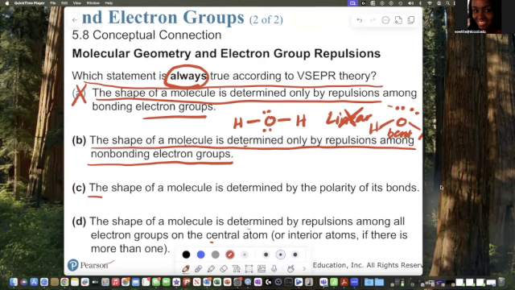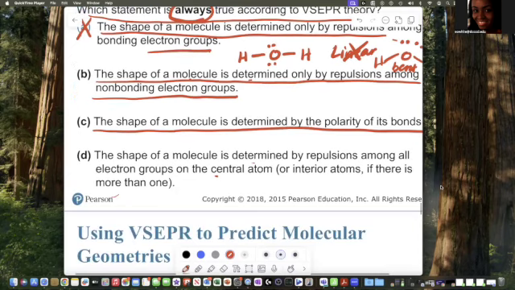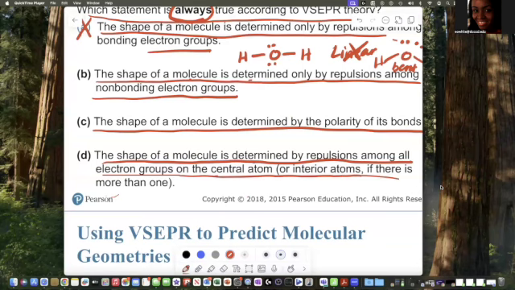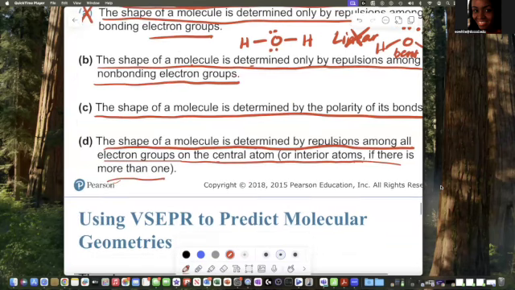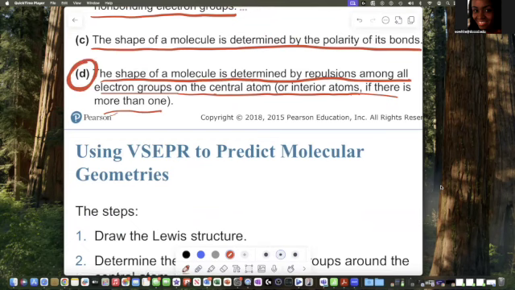The shape of the molecule is determined by the polarity of its bonds. Wait, what? No, not polarity. So if all of these are wrong, that makes the last one right? The shape of the molecule is determined by repulsions amongst all electron groups, bonding and non-bonding, on the central atom or interior atom, if there is more than one, okay? So this is the correct answer right here, D.